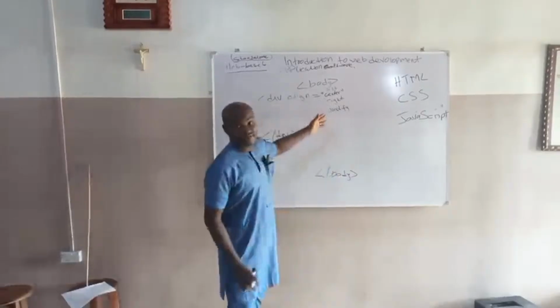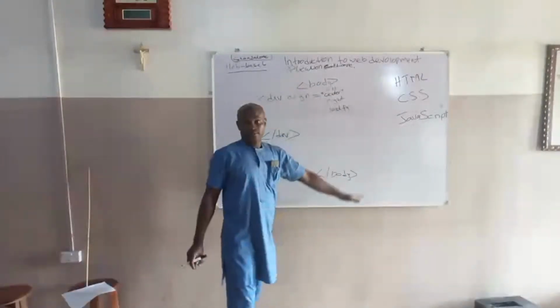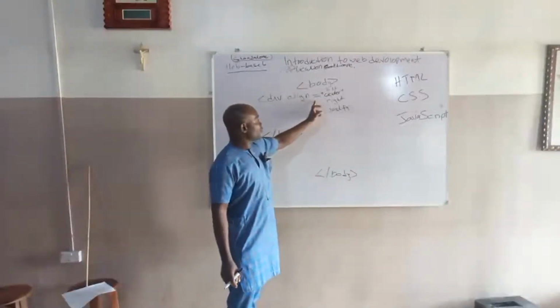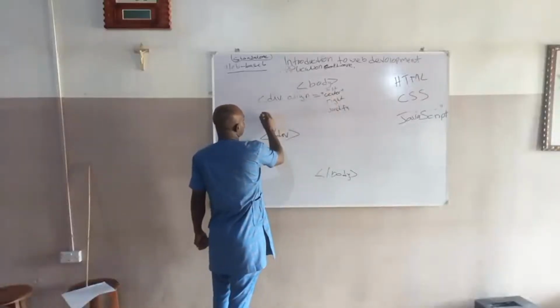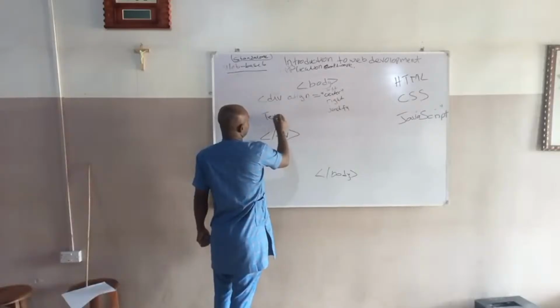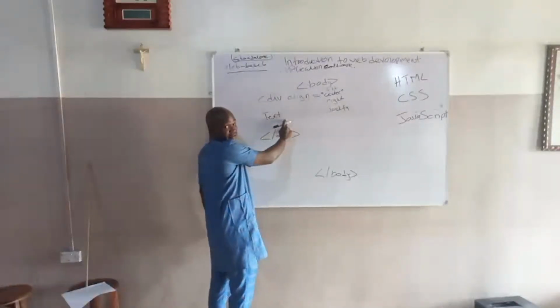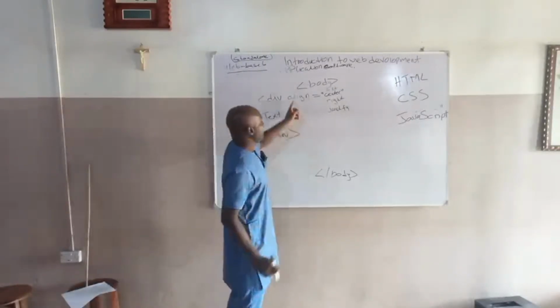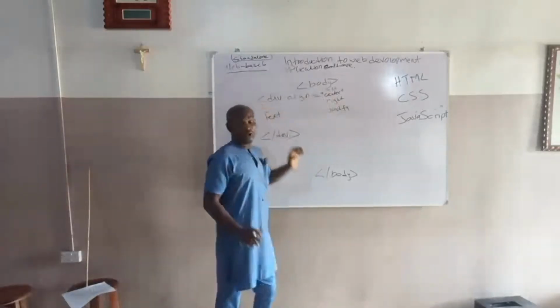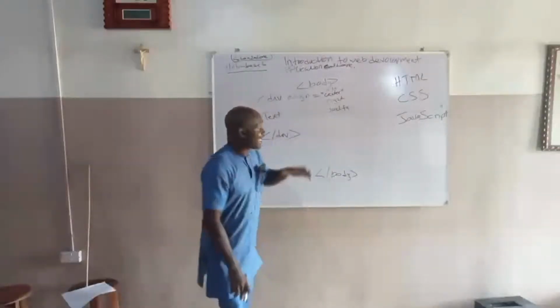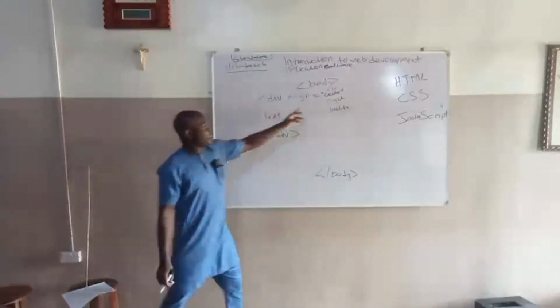So this is your page. Once I say align equals center, the content, which is my text, will appear in the browser at the center.